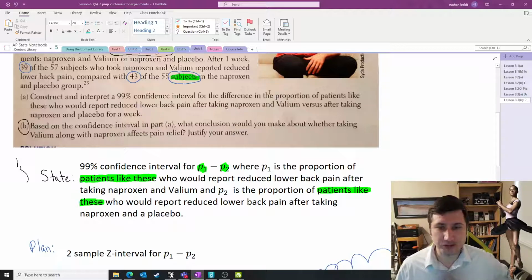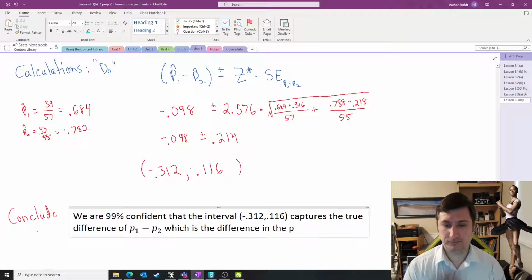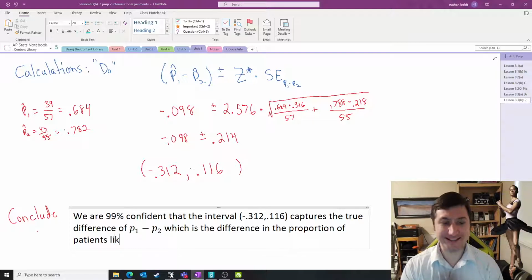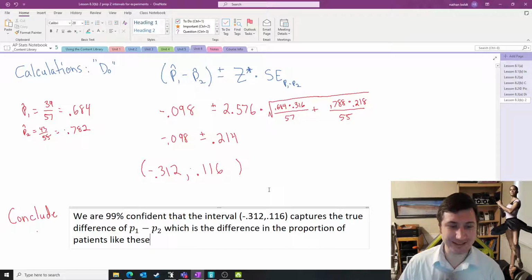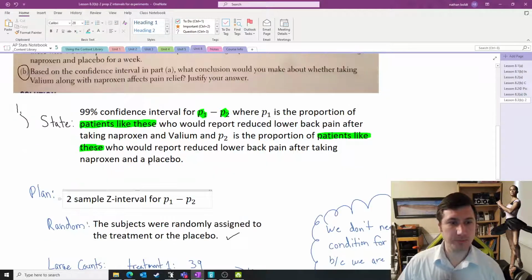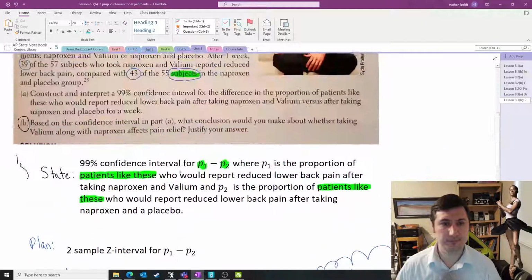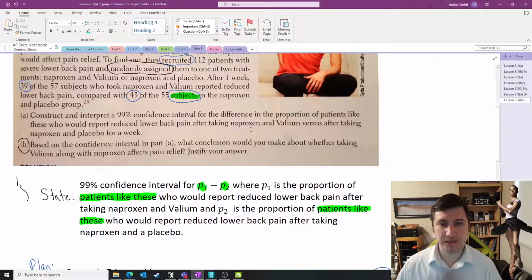All right, I'm just going to try my best to copy and paste that whole sentence. The proportion of patients like these, don't forget that part, remember my whole speech on that. The proportion of patients like these who would report reduced lower back pain after taking naproxen and Valium.